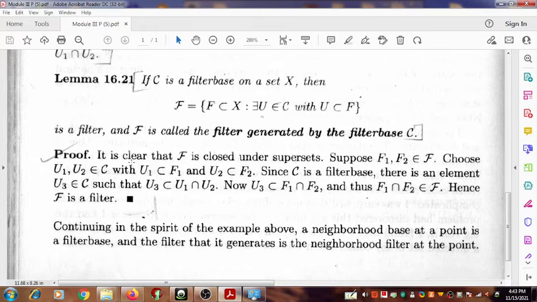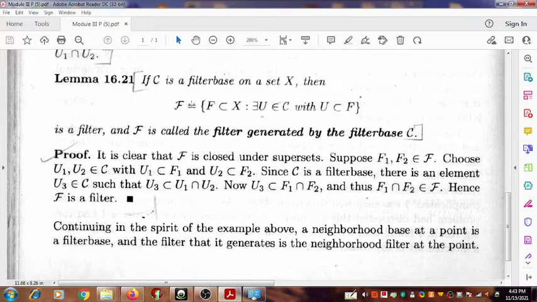One thing is very clear: the script F is closed under the operation of taking supersets. Why?